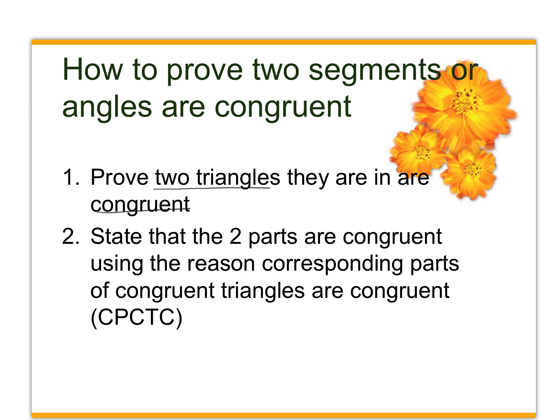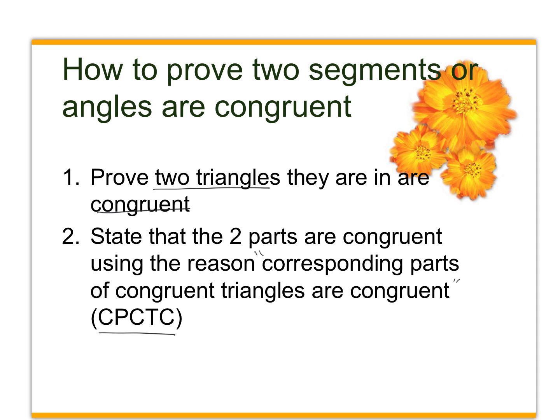Once I prove the triangles are congruent, then all the corresponding parts are also congruent. The second thing is state the two parts are congruent using the reason corresponding parts of congruent triangles are congruent. And we call that CPCTC.